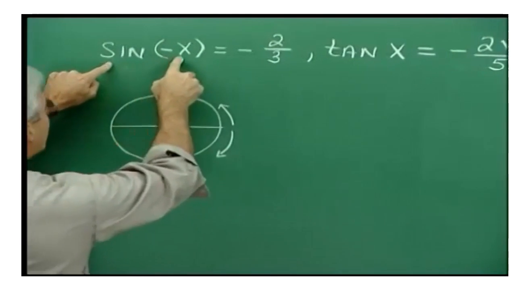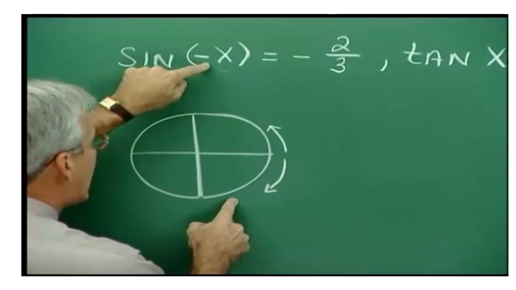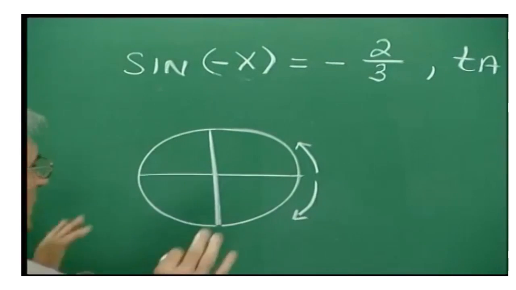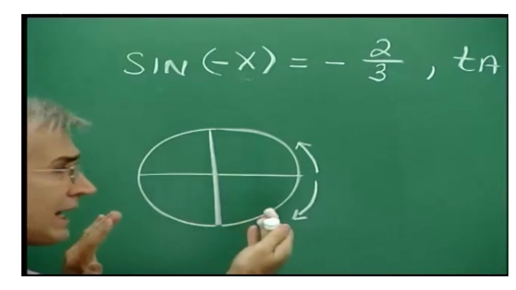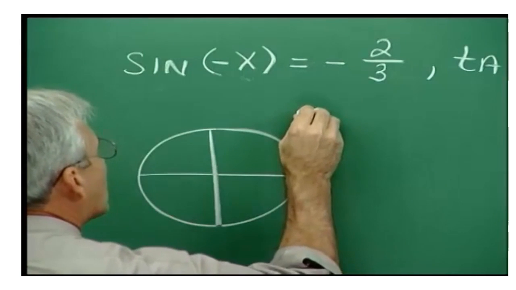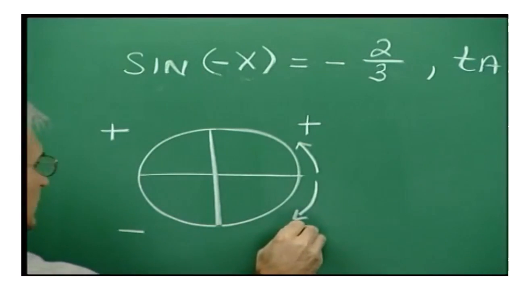The sine of negative x, you see, is an angle generated this way, and the sine of x would be an angle generated this way. And now think about where the sine function is positive or negative. Well, let's see. Sine corresponds to the idea of y, and the notion of y is positive in these two quadrants, but negative in these two.